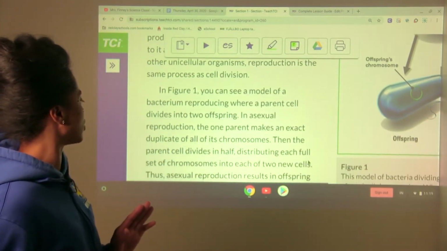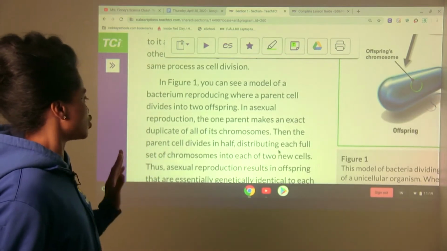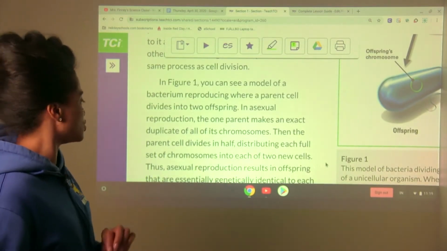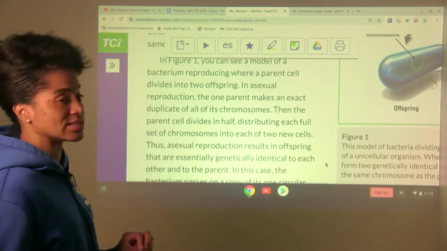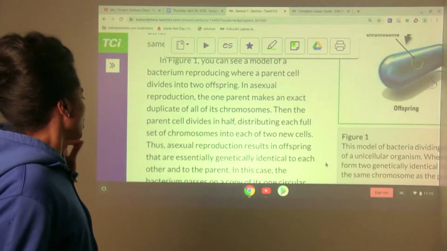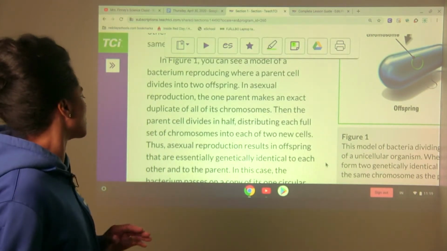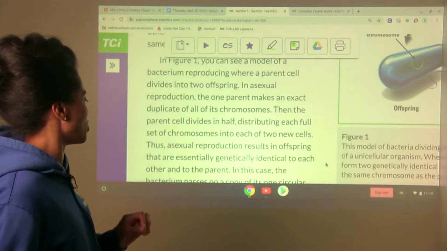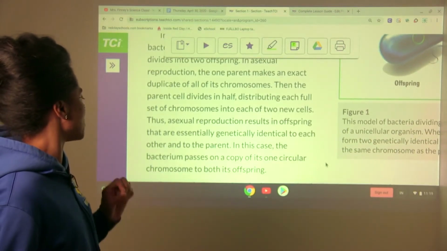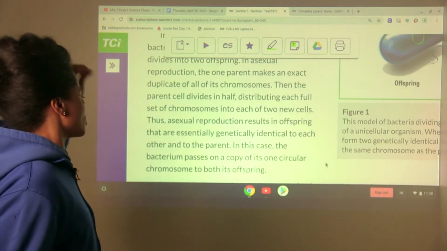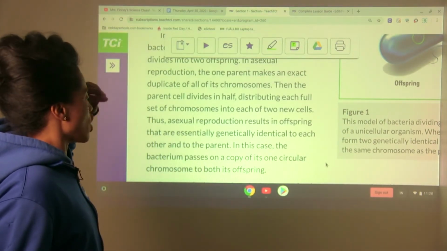Then the parent cell divides in half, distributing its full set of chromosomes into each of 2 new cells. Thus, asexual reproduction results in offspring that are essentially genetically identical to each other and to the parent. In this case, the bacterium passes on a copy of its one circular chromosome to both its offspring.